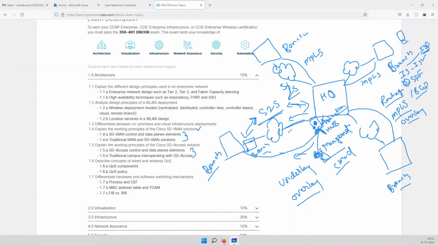This site-to-site link could be a broadband connection. To connect a branch office, you don't need MPLS; you can use a normal broadband internet connection. And the deployment is very easy.